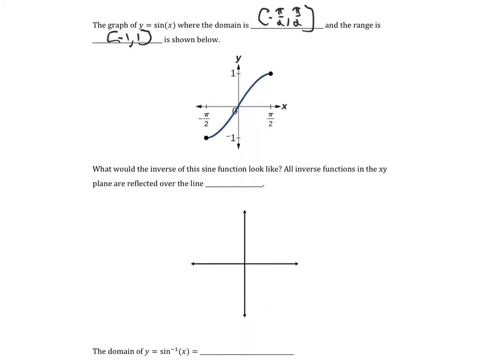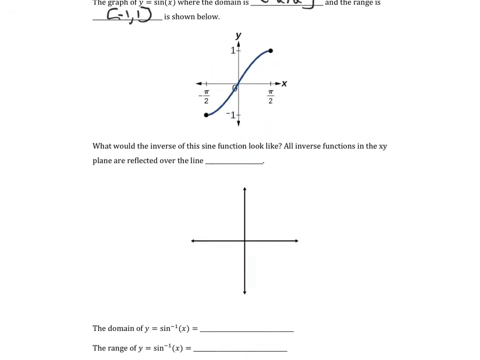Remember, inverses are reflected over the line y equals x. So I'm actually going to draw the line y equals x there. And I'm going to graph sine of x in red. I know sine of x has the point 0, 0 on it.